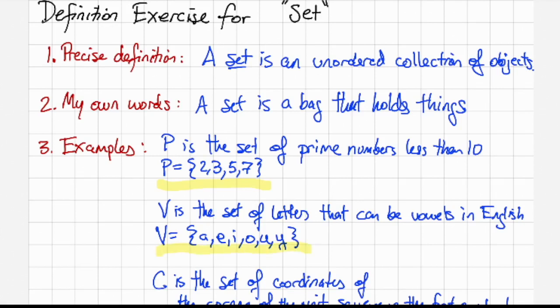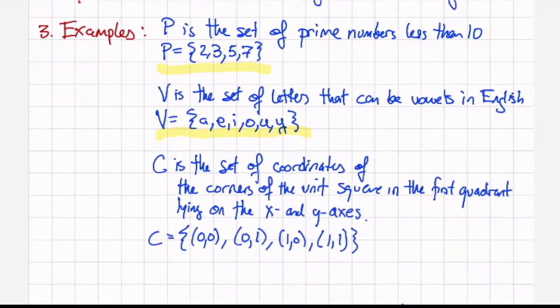Let's now look at a slightly more complex example. Let C be the set of coordinates of the corners of the unit square in the first quadrant lying on the x and y axes. So we need to draw a picture here, I think, to understand what's being said.